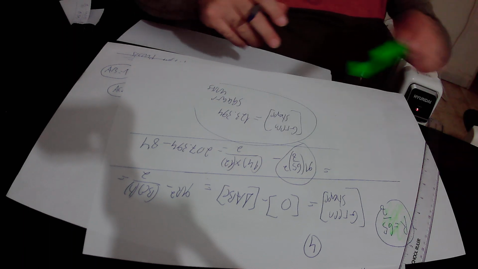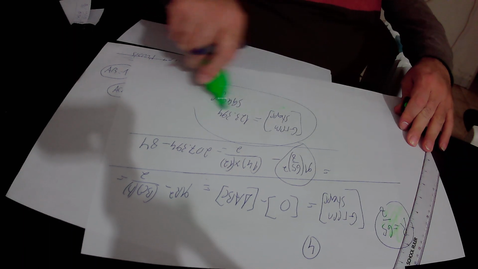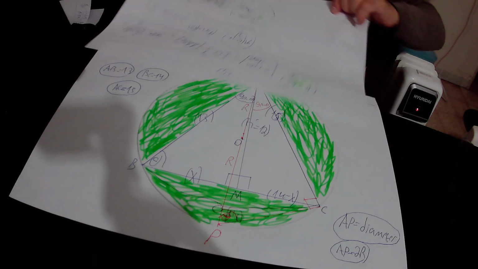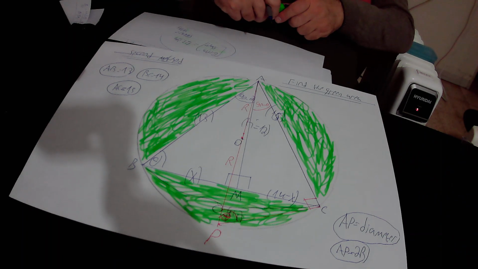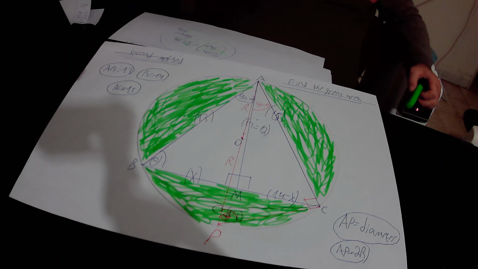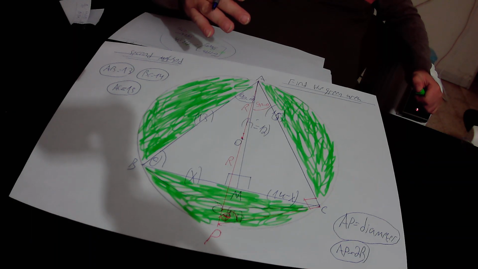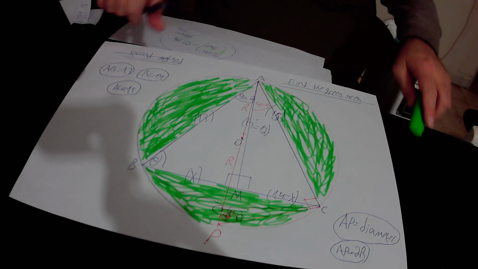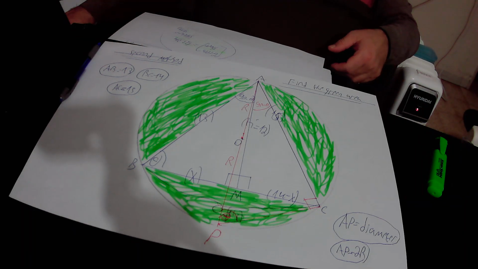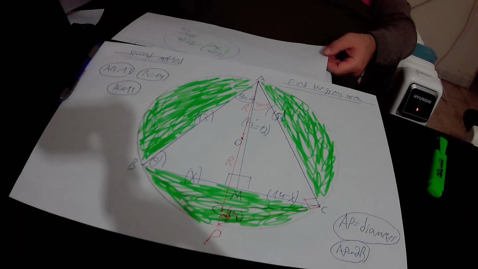I repeat again, the area of this green shape according to the second method is also equal to 123.394 square units. So we finished with the second method. In the next step, I'll summarize the lecture, starting with the first method.